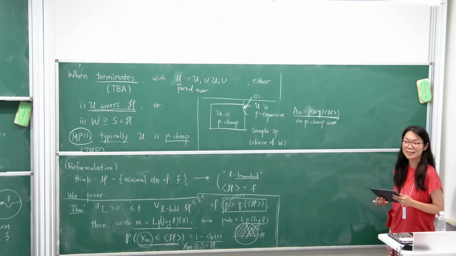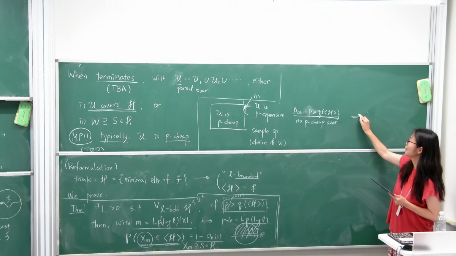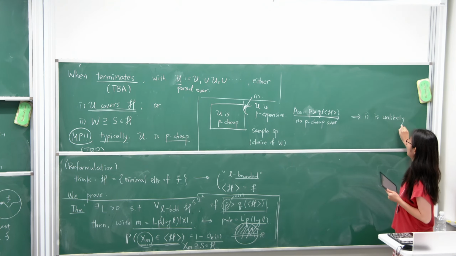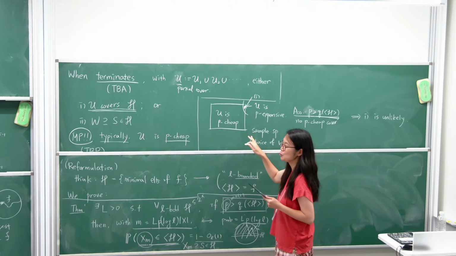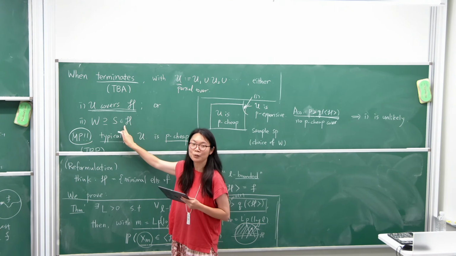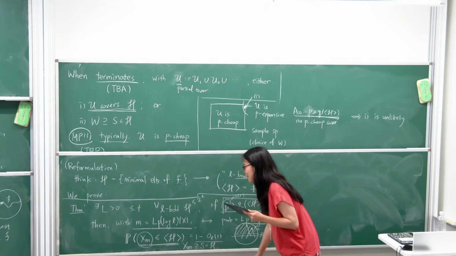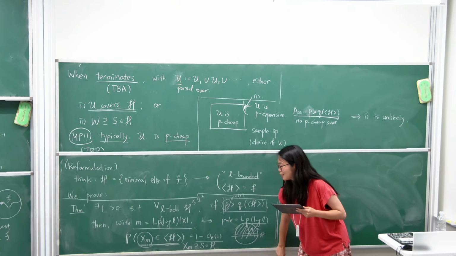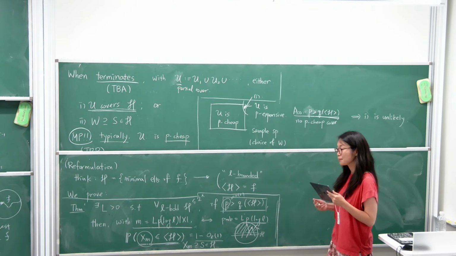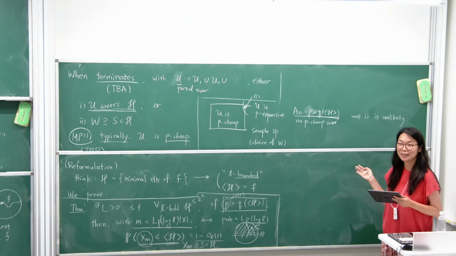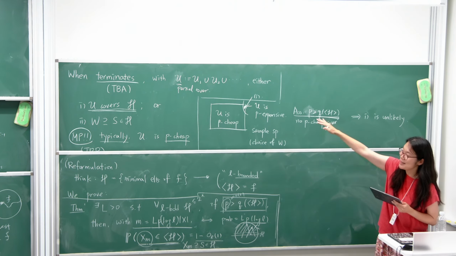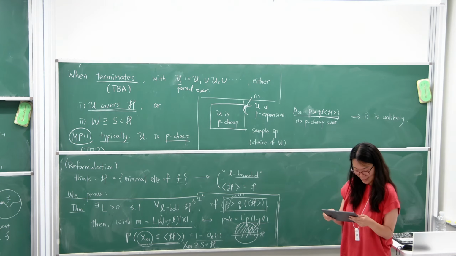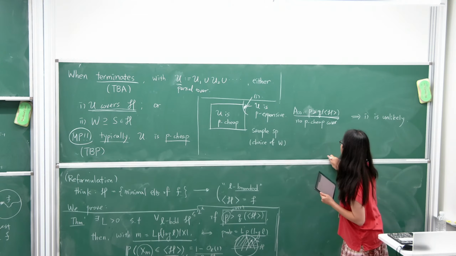And what does this tell us? One is unlikely. So for most of the choices of W, we have the second output. So we achieve this conclusion. Do you see here? So we are done, modulo TBA, TBA, and TBP. Okay, so this is the end of the proof overview.